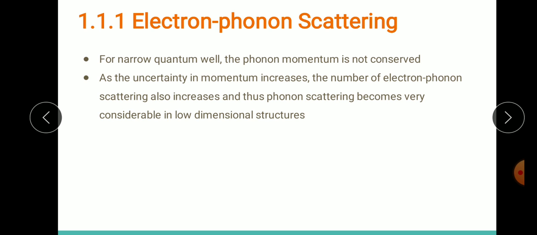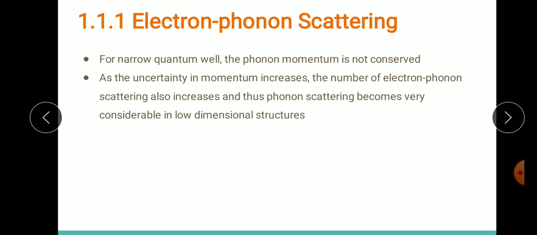When you particularly don't know the momentum of your phonon, the electron-phonon scattering also increases. And because of this reason, the phonon scattering becomes very strong in low dimensional structures when your temperature is greater than 50 Kelvin.